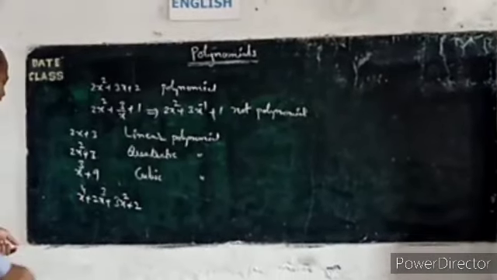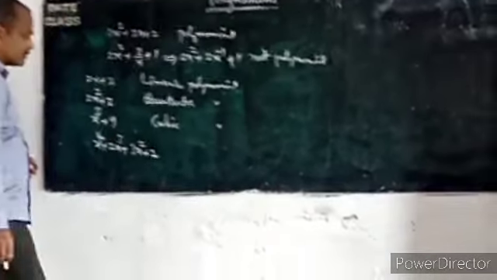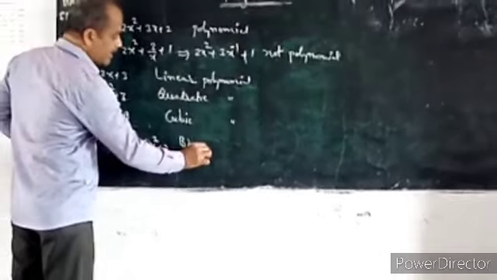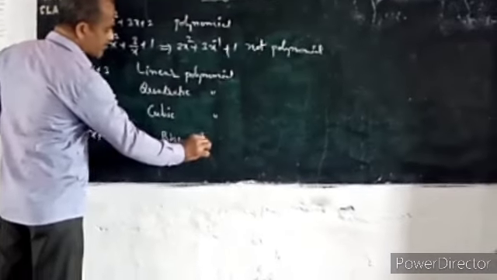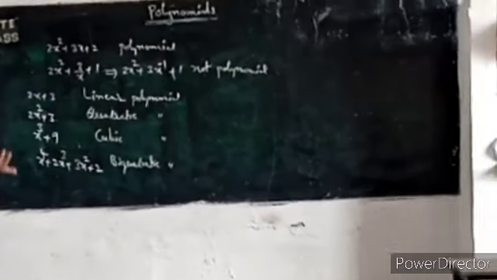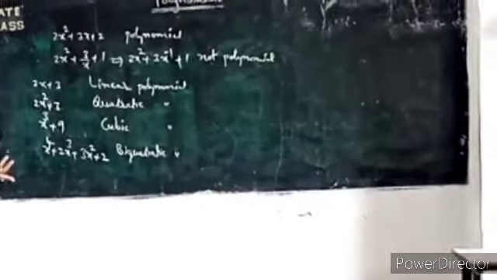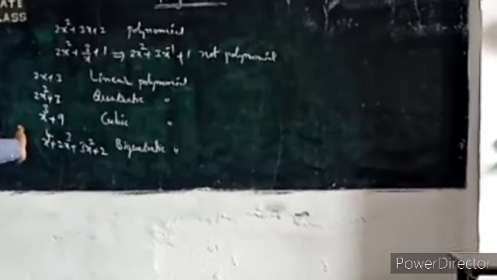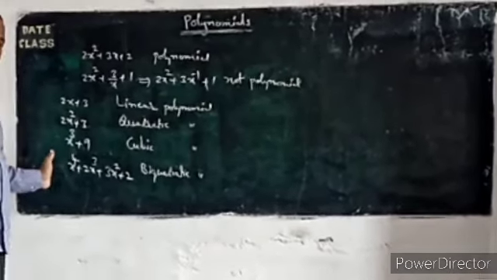Here highest exponent is how much? 4. So it is a biquadratic polynomial, that means power 4. In the same way, all the remaining will be called polynomials only. Okay, these are the types of polynomials.